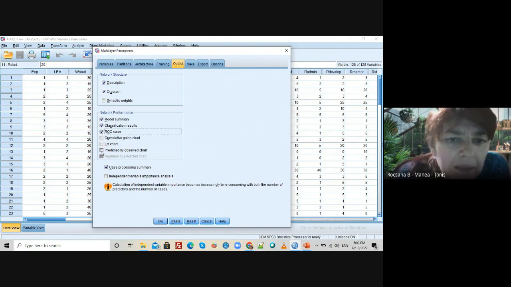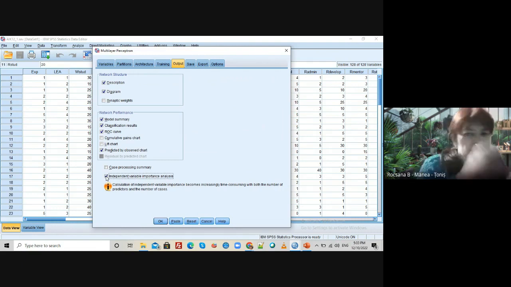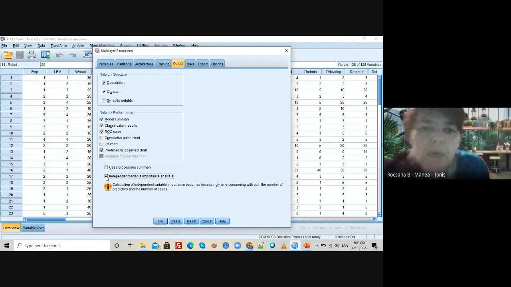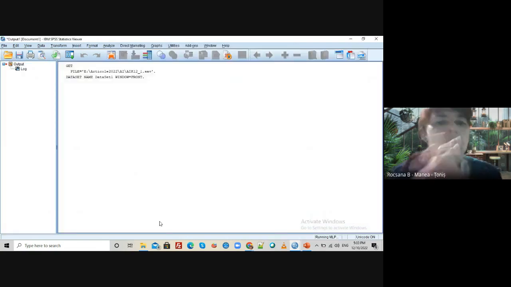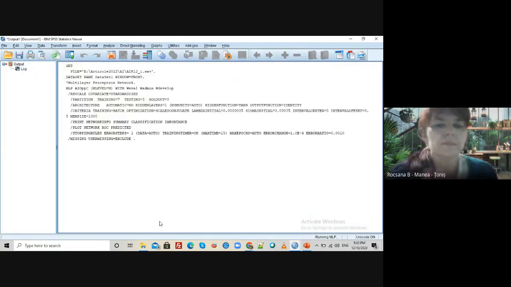We may also predict by observed chart, but it is also very important to check independent variable importance analysis, because we want to know which factor is more important in our analysis. We will start to do our model. Let's see the result.